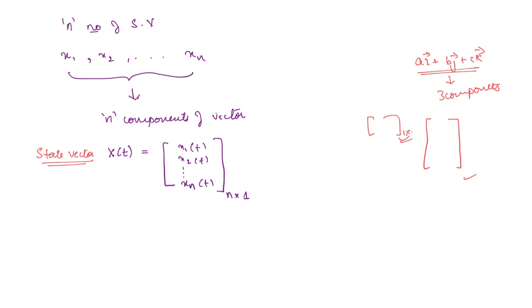So you will write the order as 1 into n, 1 row and n columns. So n will be the number of components of the row matrix. Similarly, for a column matrix, if there are n number of rows and 1 column, then n will be the number of components. Similarly, here the state vector has n into 1 as the order of the matrix, so there will be n number of components for this vector.